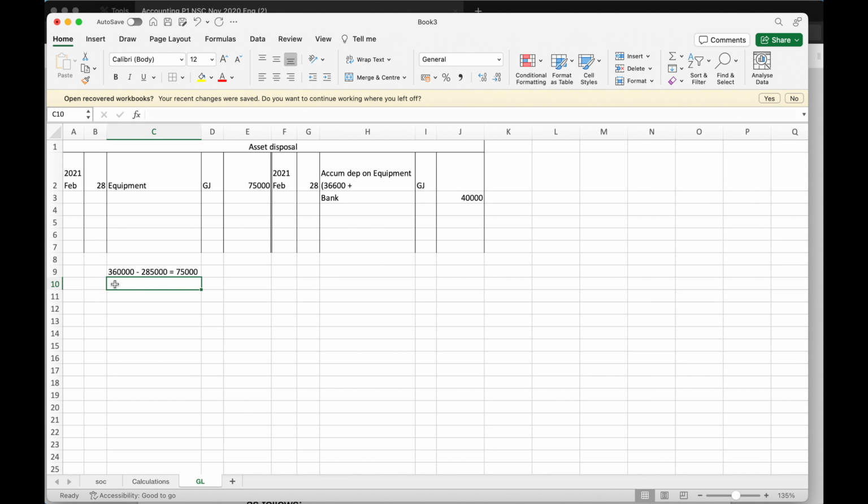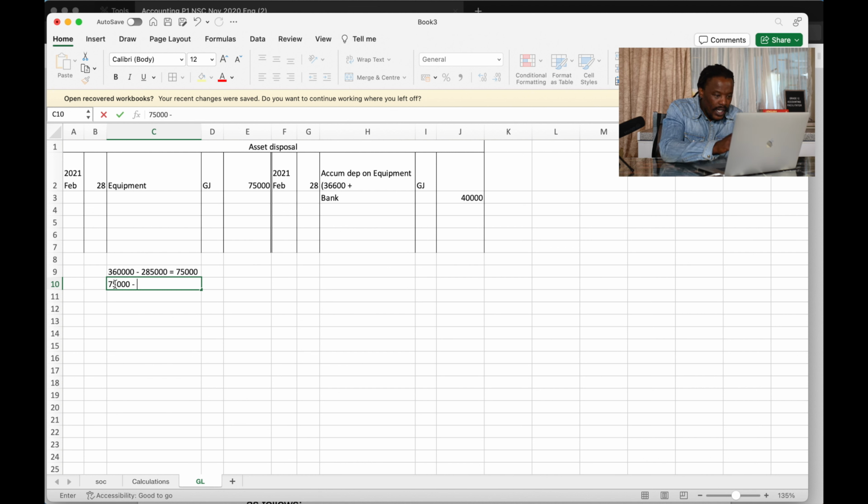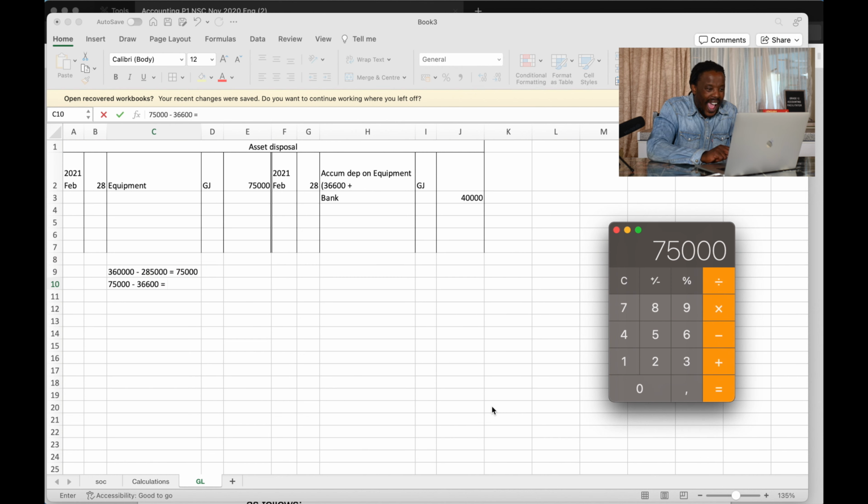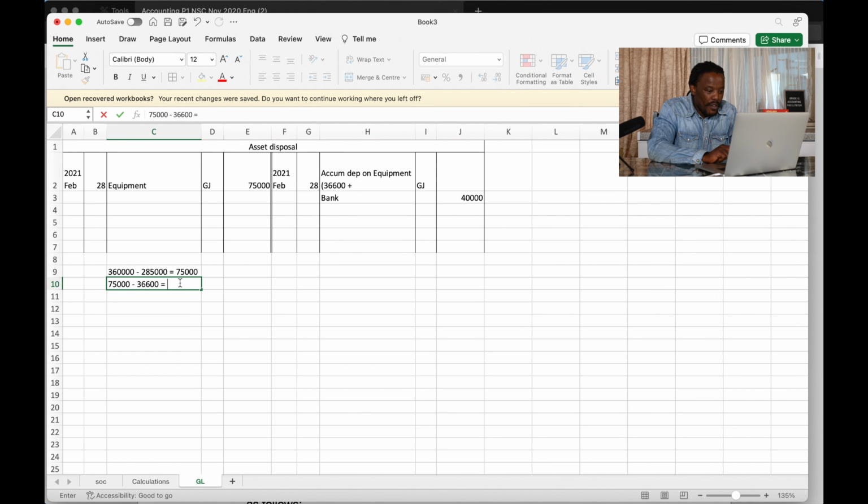Now if you say 75,000 minus 36,600, because your interest is to calculate the depreciation until the date the asset was disposed of, I hope I'm making sense, it equals 38,400.